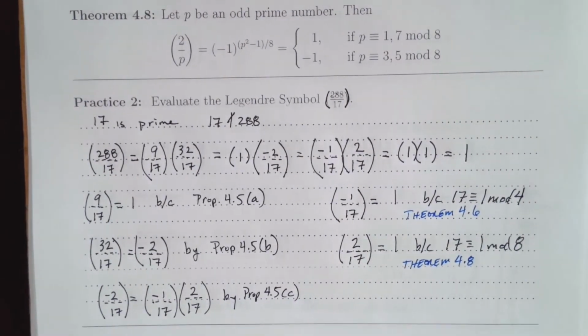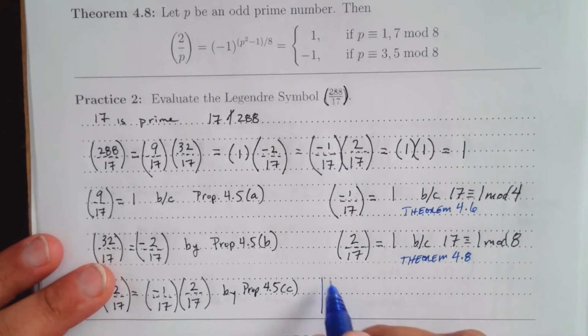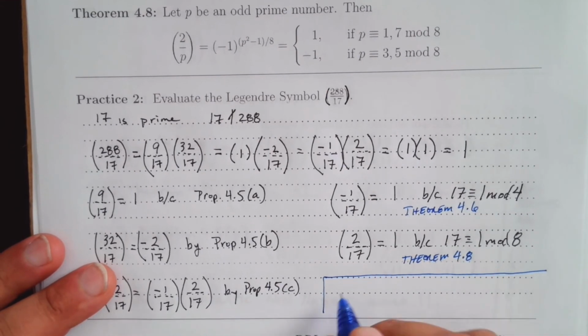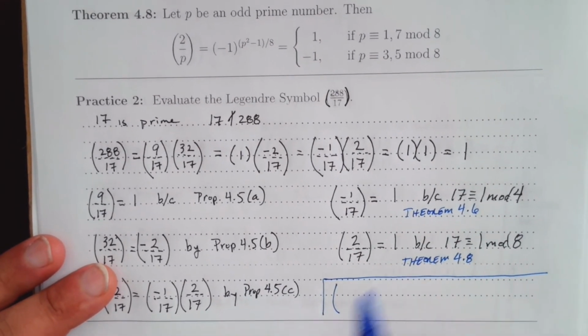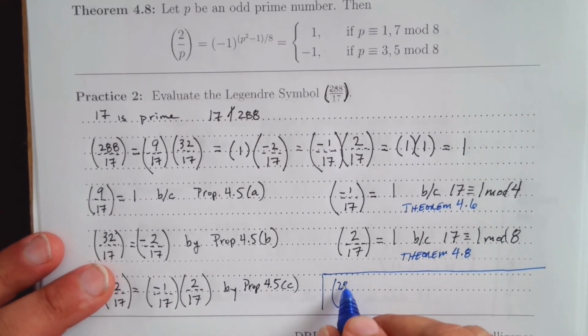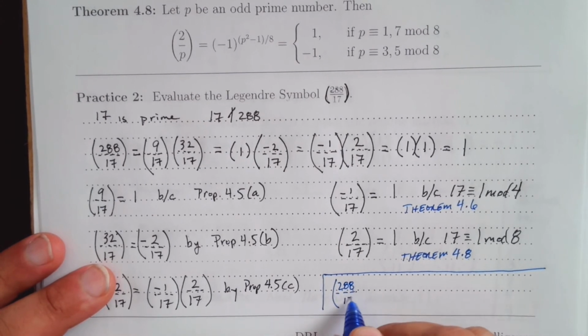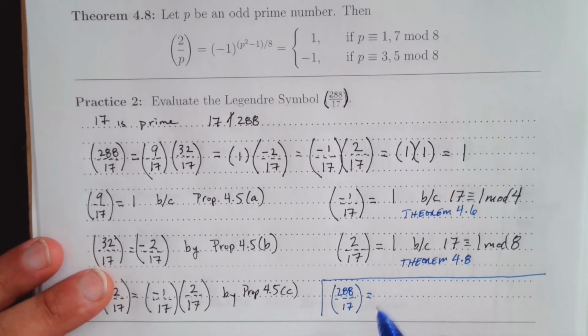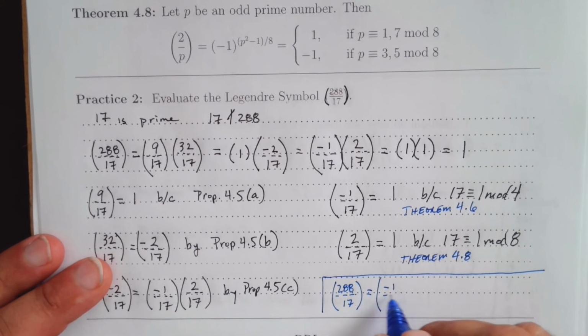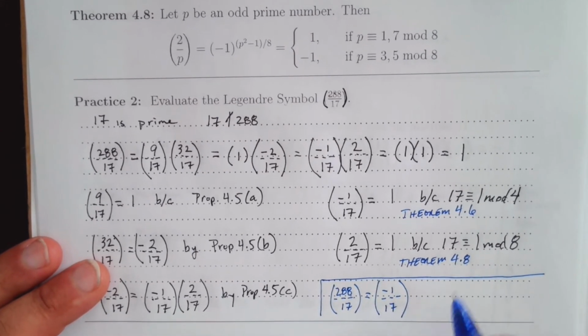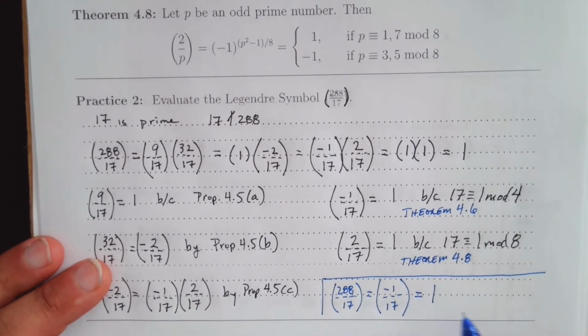Which, like I said, using that proposition 4.5b, we could have simplified this much faster and said the Legendre symbol of 288 with 17 will be equal to the Legendre symbol of -1 with 17, which will be equal to 1.